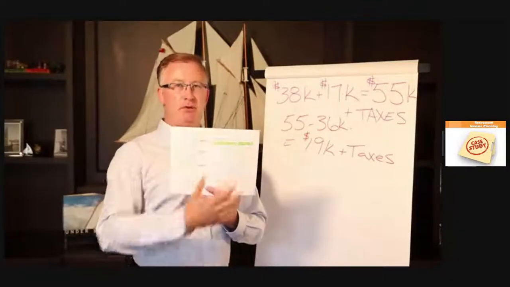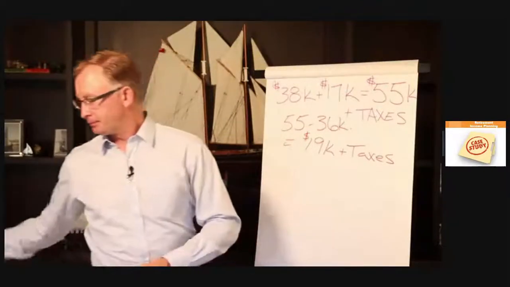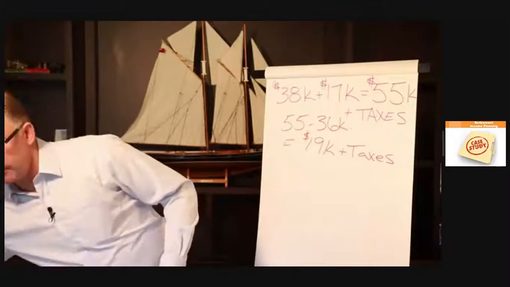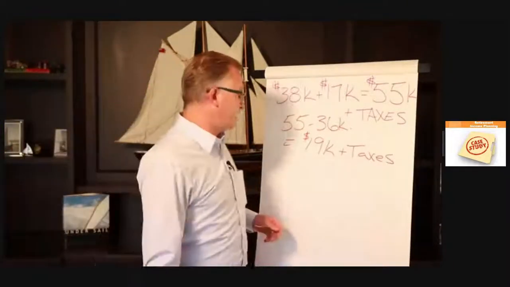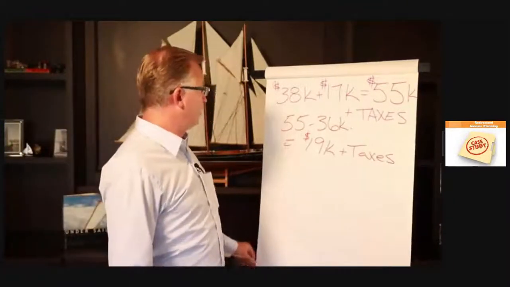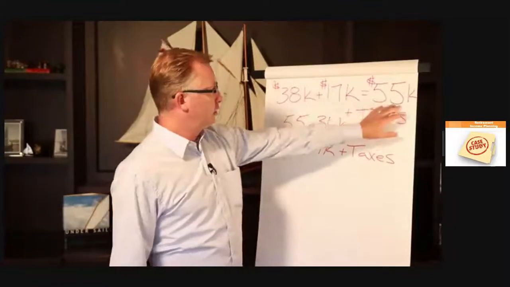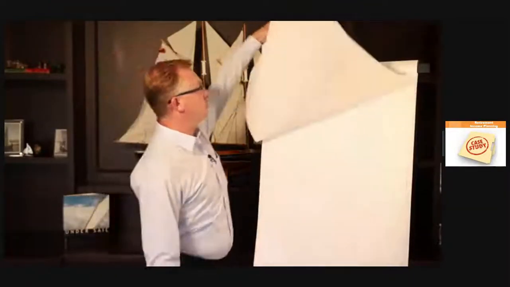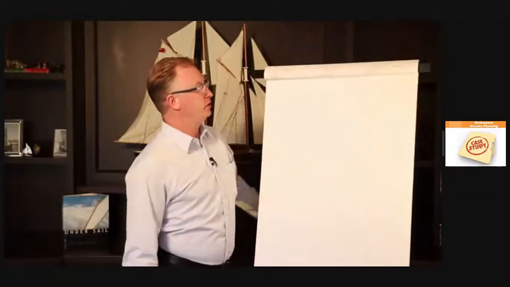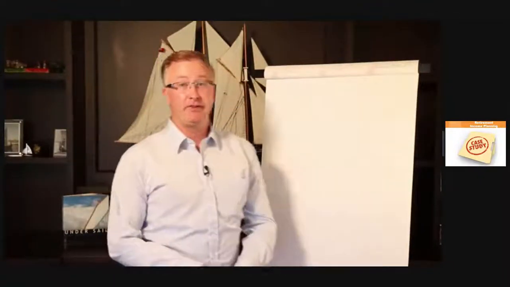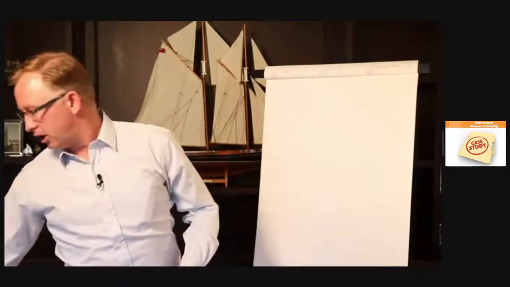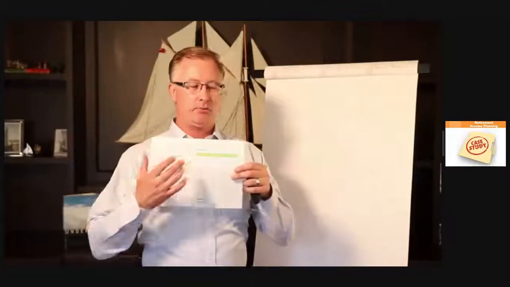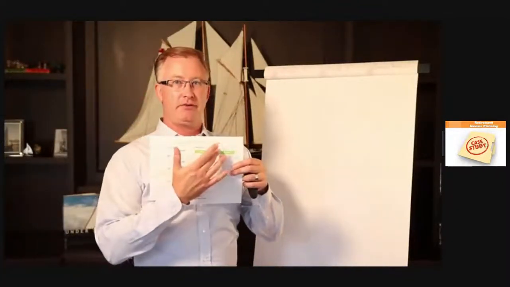I'm going to do a sample of this up on the board. You can follow along on the slides as well. So we're looking at a total income of $55,000. So in the top right-hand corner of your worksheet, mark down $55,000 as the target income right here. Mark down $55,000.